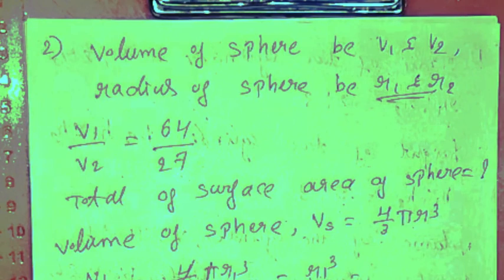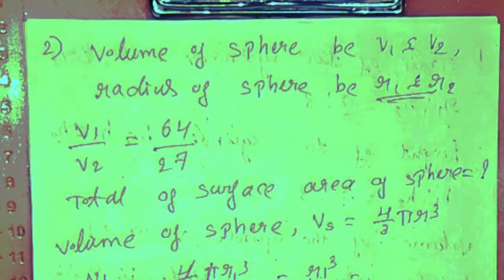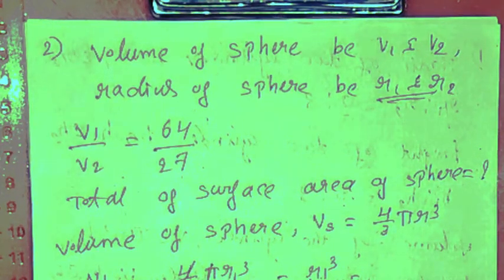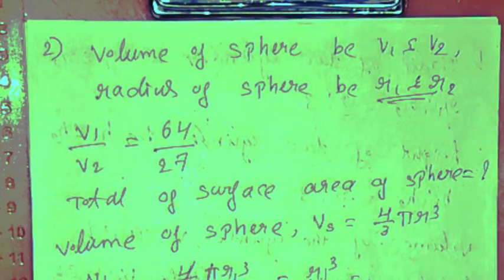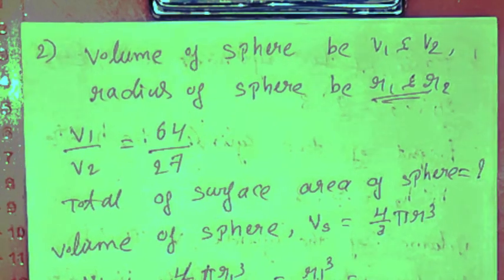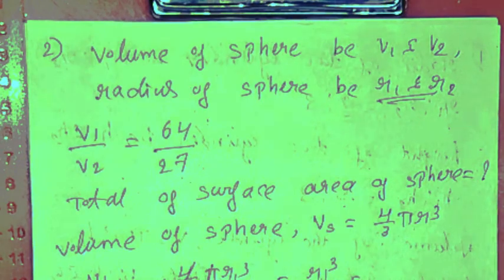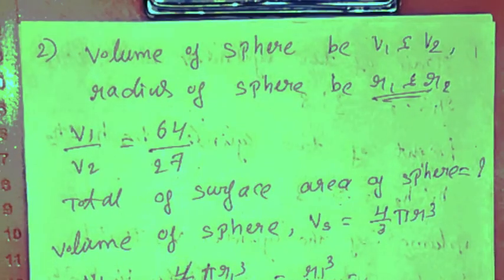So what is r1 by r2? Cube root of 64 divided by 27. The cube root of 64 is 4 and the cube root of 27 is 3. Therefore, R1 is to R2 equal to 4 is to 3. This is the ratio of the radii of the spheres. Using this, find the surface area of the sphere.